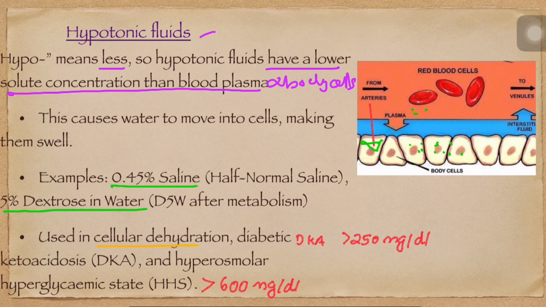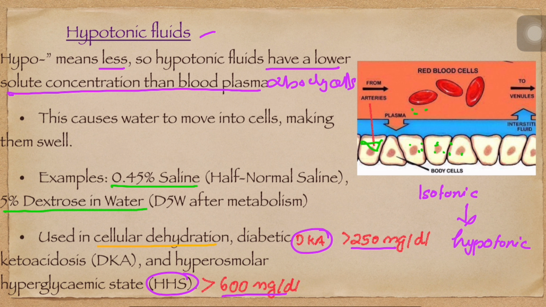It can also be used in case of DKA and in HHS, the hyperosmolar hyperglycemic state, where the sugar level is greater than 250 mg in DKA and 600 mg in HHS. In DKA and HHS, first use isotonic fluid, and only then use hypotonic fluid as a treatment option.